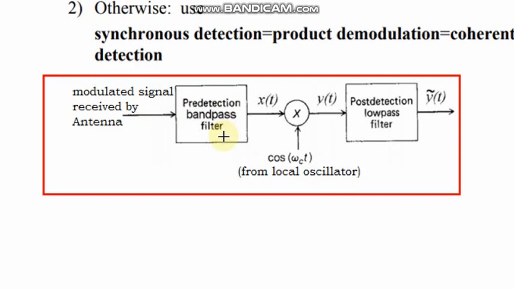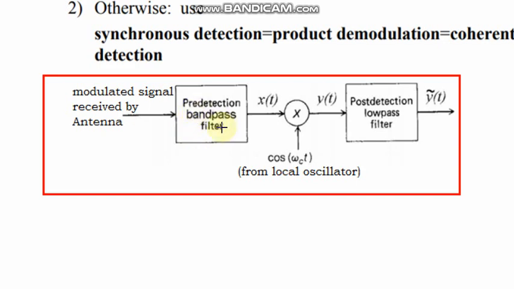As you know, a bandpass filter passes a range of frequencies. It has a lower cutoff frequency and a higher cutoff frequency, and the range from lower cutoff to higher cutoff frequency decides the band.